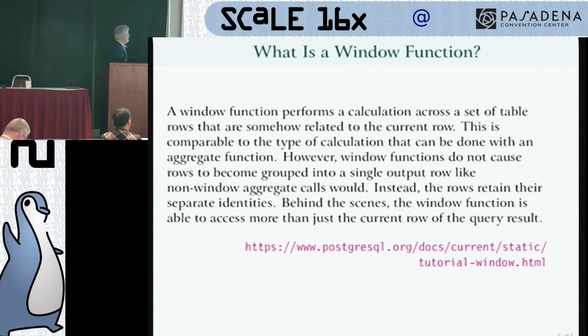Instead, the rows retain separate identities. Behind the scenes, the window functions can access more than one row. So when you think of running an aggregate, you think of taking a whole bunch of rows and getting a number out of it. In window functions, the rows retain their distinct characteristics. You do not eliminate rows when you're using window functions. And that is perhaps the fundamental difference between a normal aggregate and a window function aggregate.